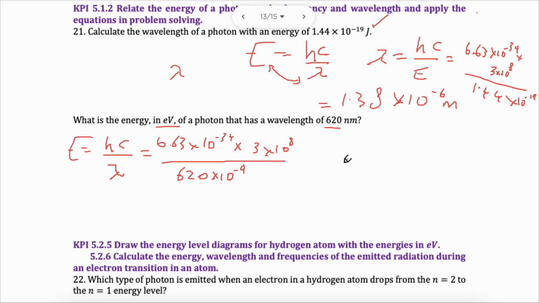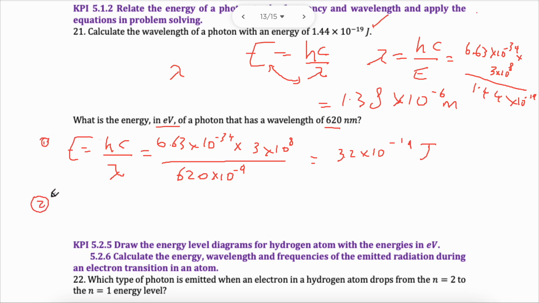Very nice. After this, we solve it, and I should get something like 3.2 times 10 to the minus 19 joules. Perfect. Step 1 is done.